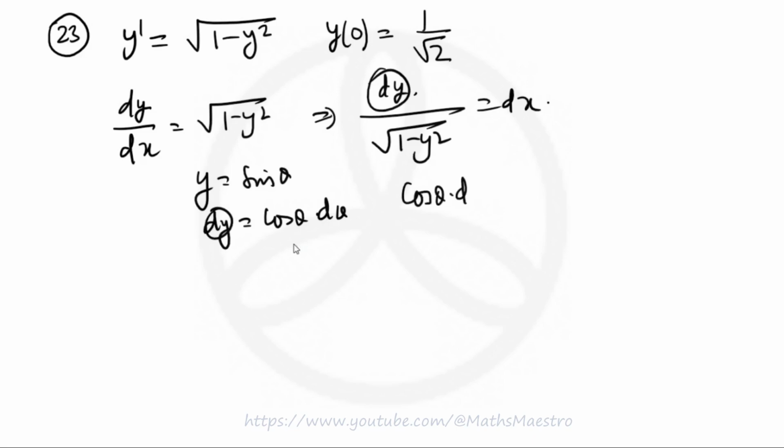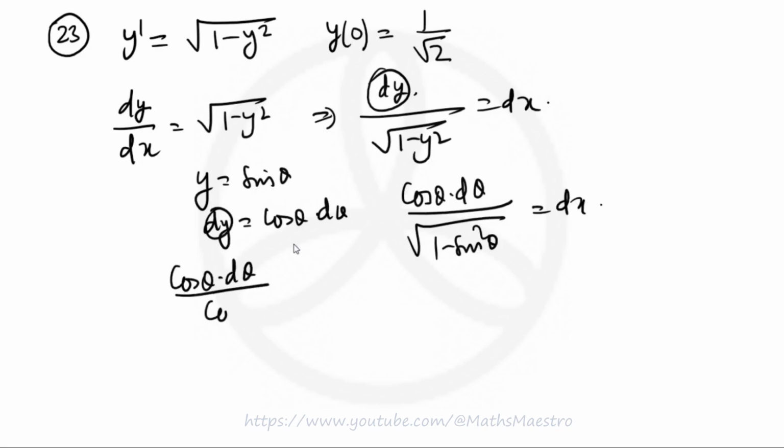We will have cos theta d theta divided by square root of 1 minus sine square theta is equal to dx. This will become cos theta d theta divided by cos theta is equal to dx, or d theta is equal to dx.